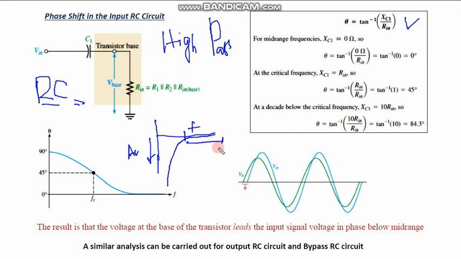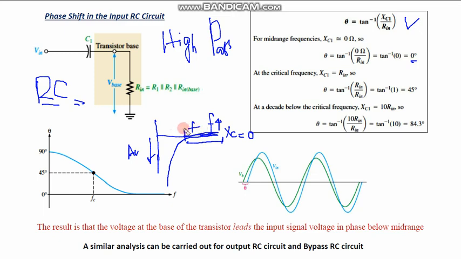This occurred at frequencies very high compared to the critical frequency, so XC can be effectively assumed to be 0. When XC is 0, take the tan inverse and it comes to 0. So the phase shift for these increasing frequencies is 0.